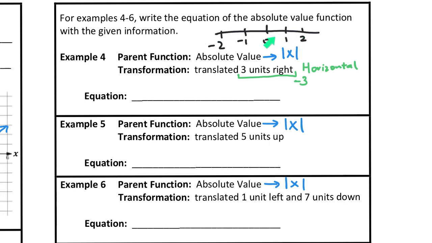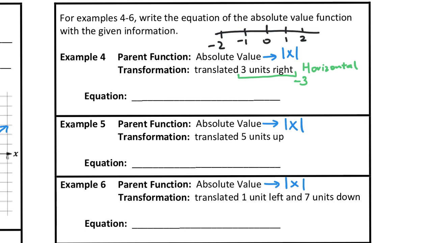You would think if I'm going to go to the right, then I'm going to get positive numbers, right? And if I'm going to go to the left, I'm going to get negative. And it says 3 units to the right, so you think that you're going to put +3, but we actually put negative. And so for horizontal movement, we write the opposite value.